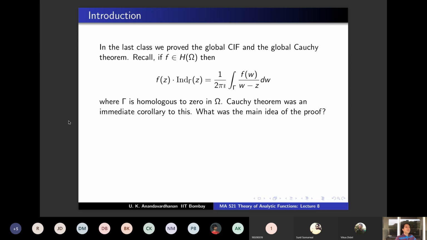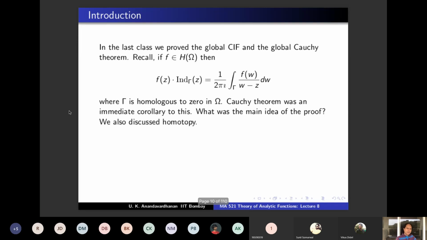And then we showed that this entire function, the way we constructed it, is bounded. So by Liouville, it's a constant. We could also evaluate the constant, and the constant was 0. So this entire function is identically 0, and restricted to omega it is the function h, which is identically 0, which is exactly this equality. This was the proof. It's a very elegant proof, simple and conceptual.